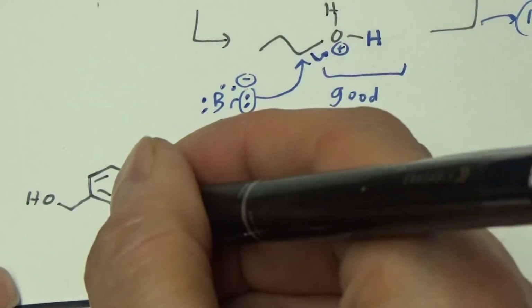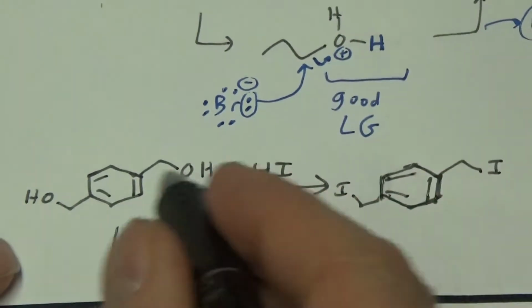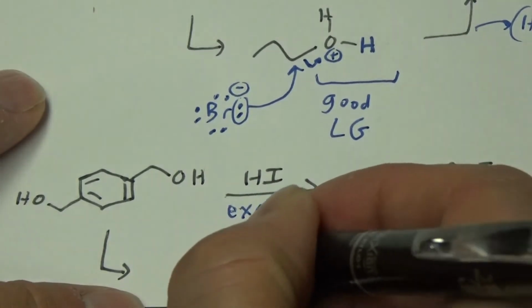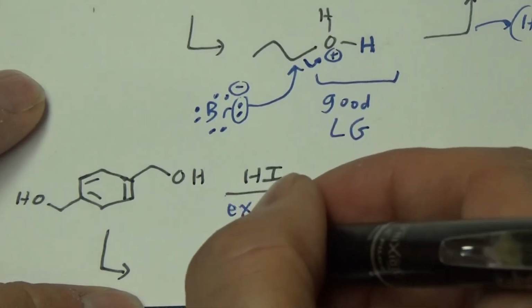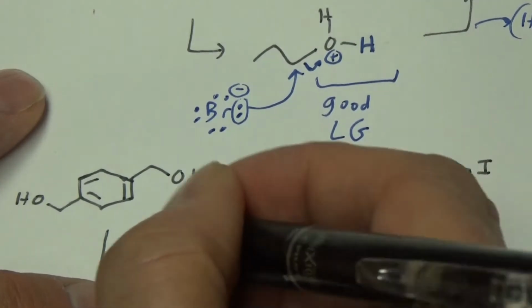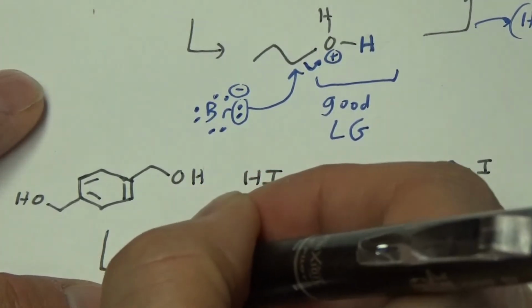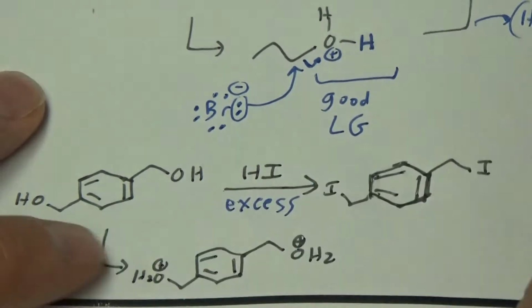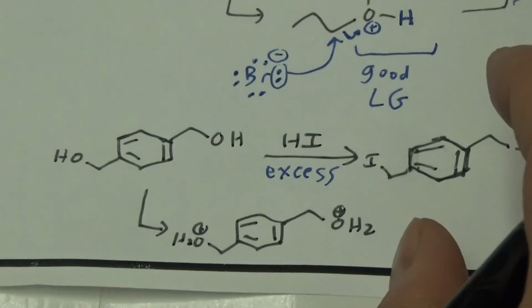What's the mechanism? Of course, both oxygens get protonated by HI, giving OH2 plus on each. Alright, we cool with that?